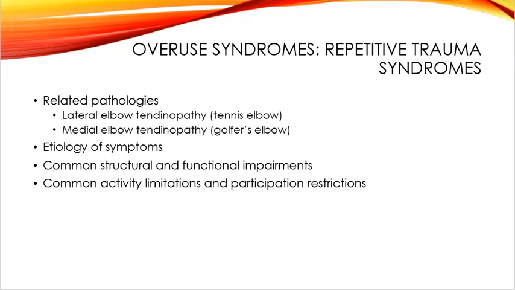The primary structure involved is the origin of the extensor carpi radialis brevis muscle, although the extensor digitorum is also involved in approximately 50% of patients.